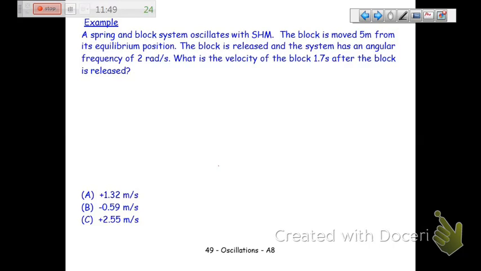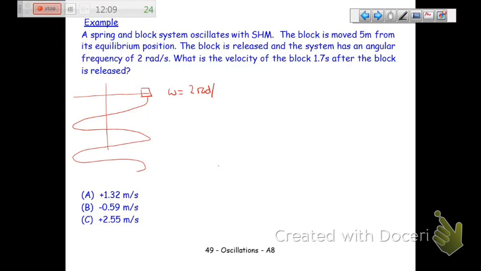The block is moved 5 meters from its equilibrium position, the block is released, and the system has an angular frequency omega of 2 radians per second. What is the velocity of the block? v is equal to, t is equal to 1.7 seconds.